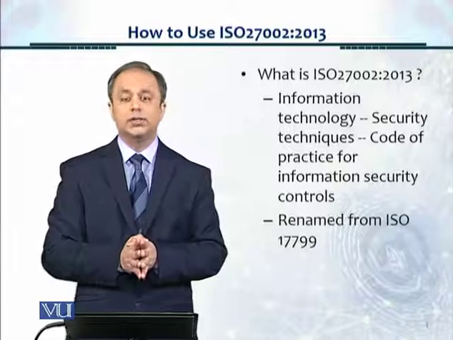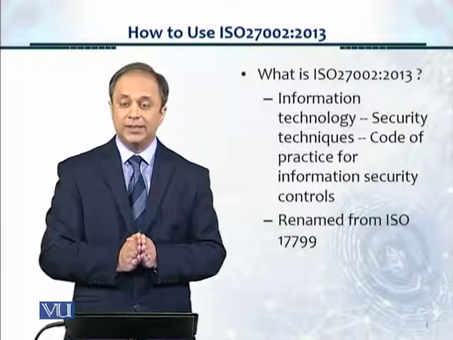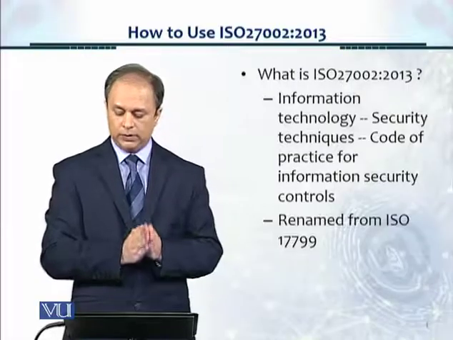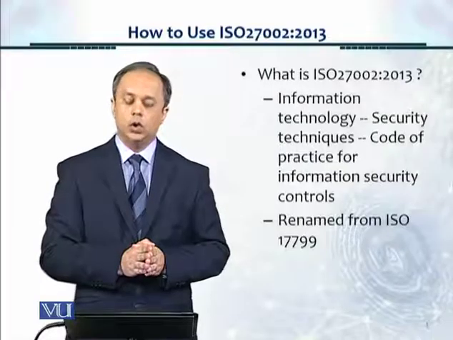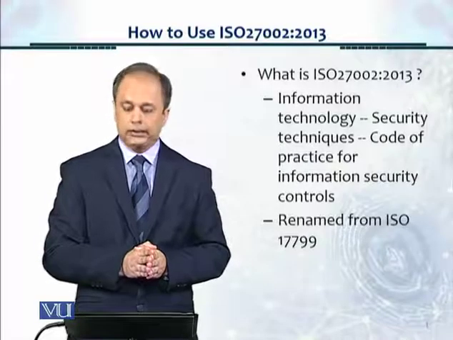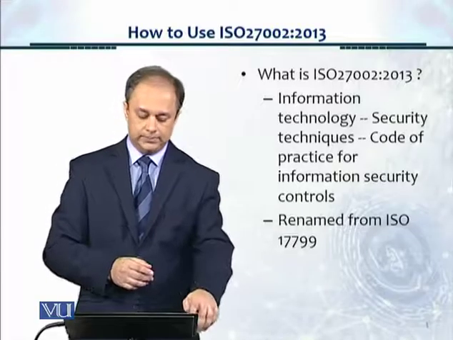So what is 27002? It is called the Information Technology Security Techniques Code of Practice for Information Security Controls, and it was renamed from ISO 17799. So this is the title. It's a Code of Practice and Security Techniques.